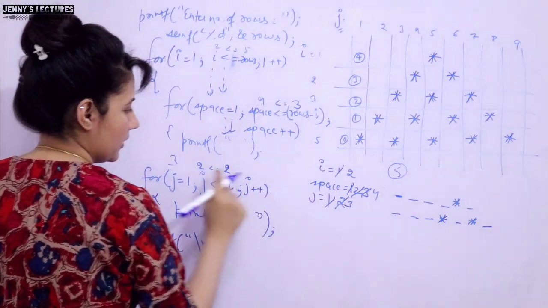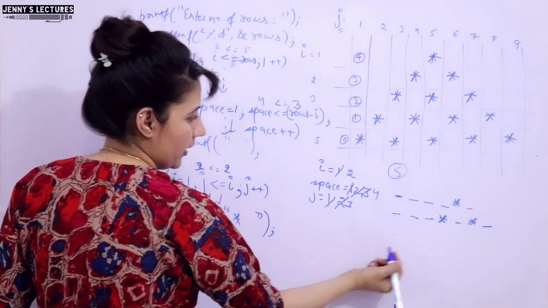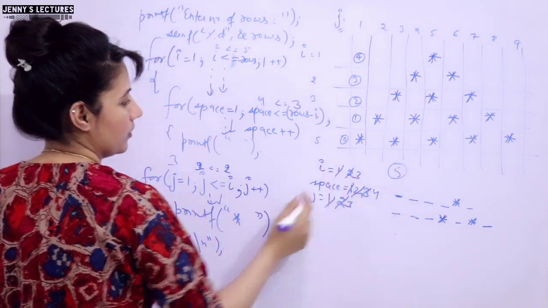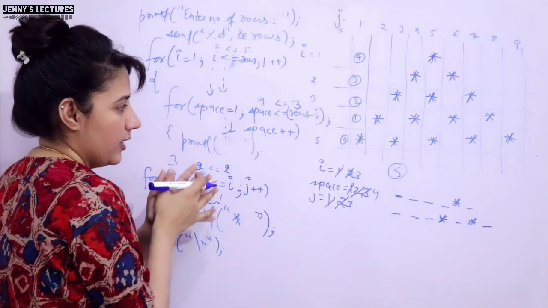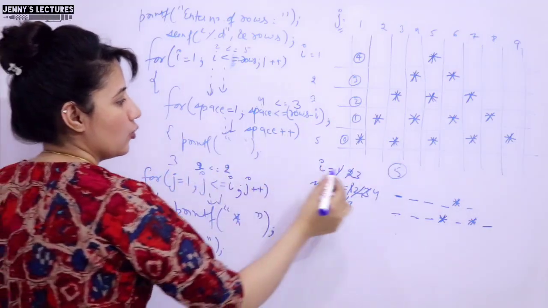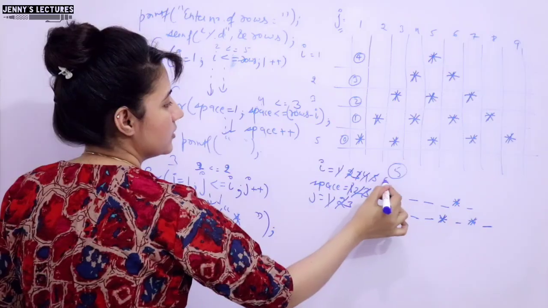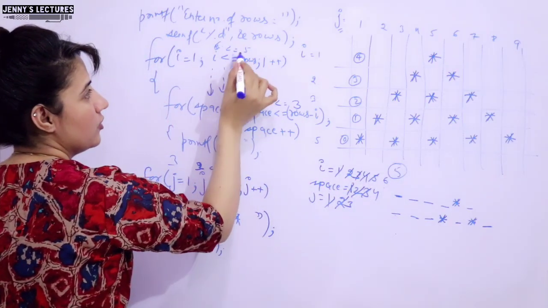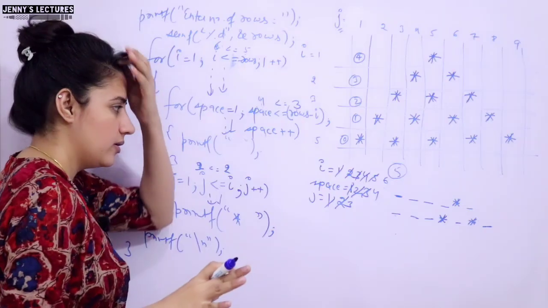Now j is 3. Now condition is not true. Exit from this loop, slash n. Now control would be here. Again I plus plus. I hope now you got the working of these loops, right? And finally this pattern would be printed, right? When I value becomes 4, then 5, and ultimately when I value becomes 6, 6 less than equal to number of rows, which is 5, condition is not true. We will exit from this loop, right?